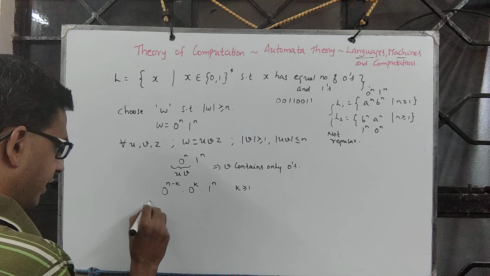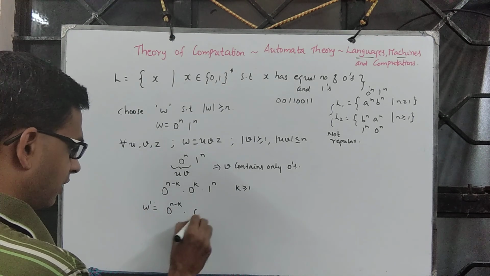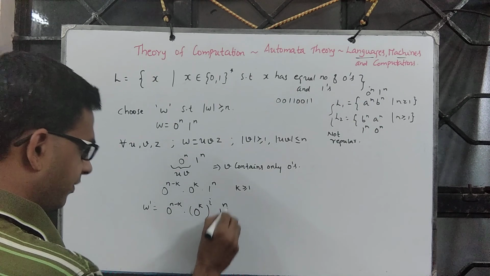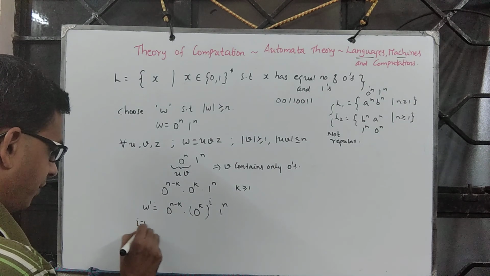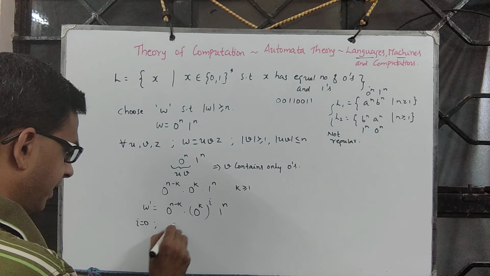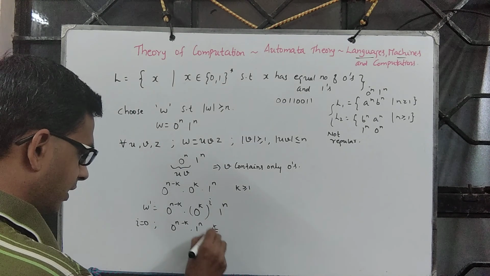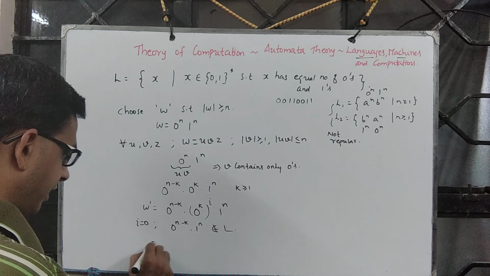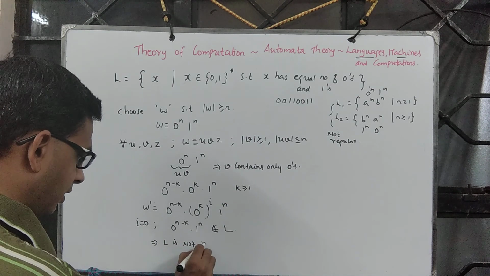Now here is a string W prime equals 0 power n minus k, 0 power k to the power i, 1 power n. Now choose i equals 0. We get to see that 0 power n minus k times 1 power n is not part of the language. This implies that L is not regular.